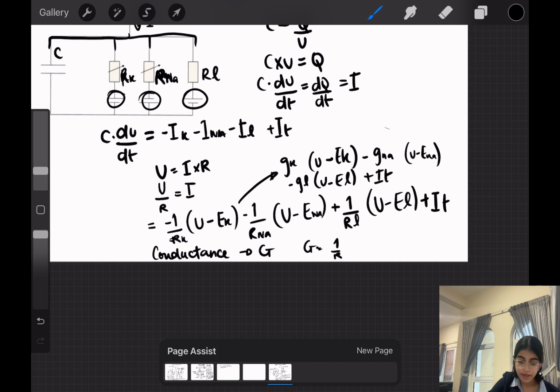So I have left some gaps here, as you can see, because the channel may not always be open. The channel may also be closed. The conductance in that case is very different.